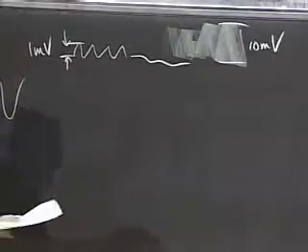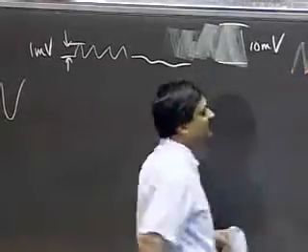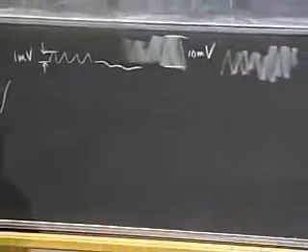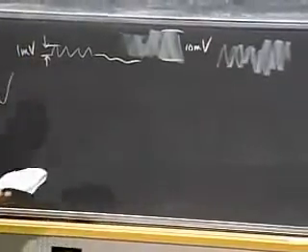have a 1 millivolt signal and 10 millivolts of noise, then what I end up at the output is something that looks like this, and it's really hard to distinguish my 1 millivolt signal from that large amount of noise.